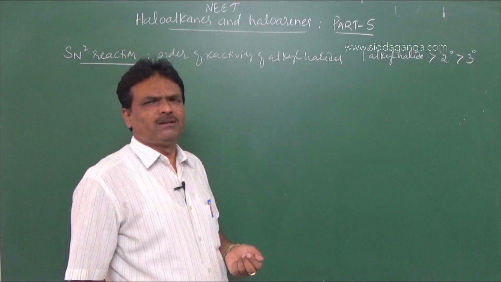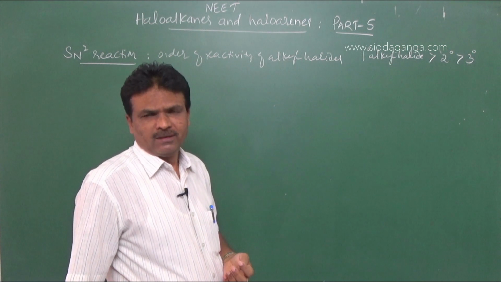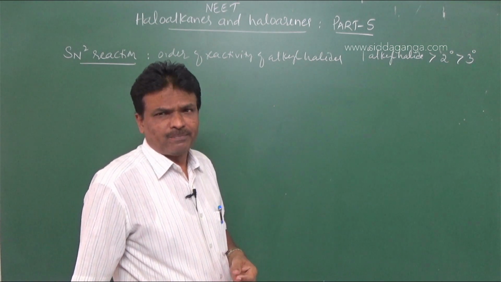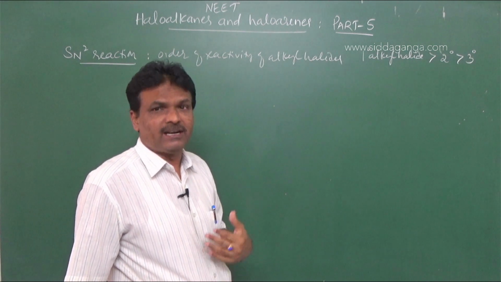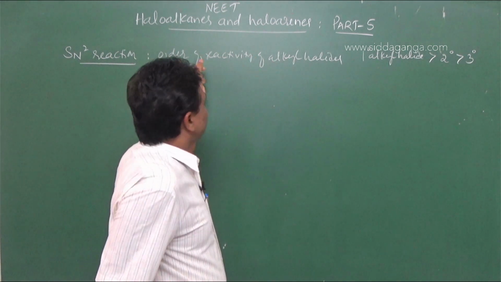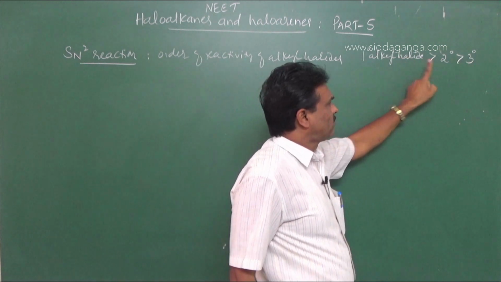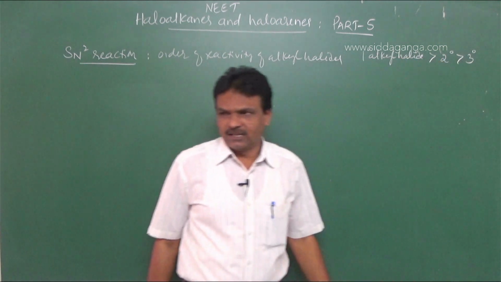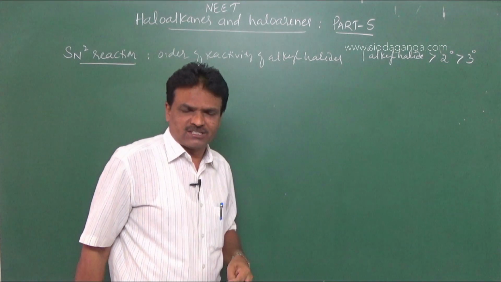So purely, completely it is reverse when compared to the SN1 reaction. In the SN1 reaction, tertiary alkyl halides are more reactive than 2-degree and 1-degree. But in the case of the SN2 reaction, primary alkyl halides are more reactive than secondary and tertiary alkyl halides. So it is a one-step mechanism.